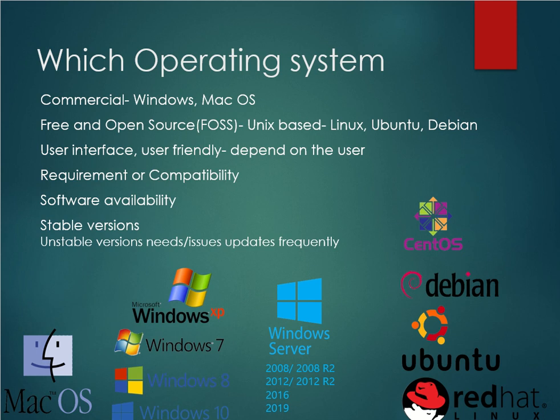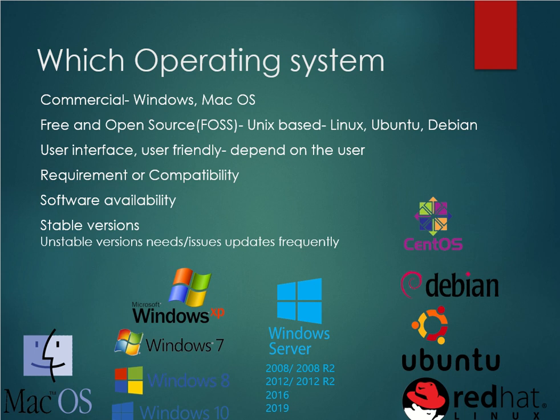And software availability. Earlier when we talked about free and open source operating systems, the only problem was this software availability. Nowadays they have alternatives for many softwares that are used in Windows operating systems.